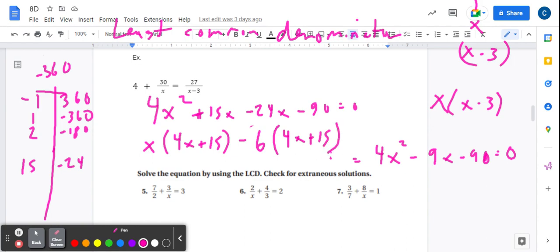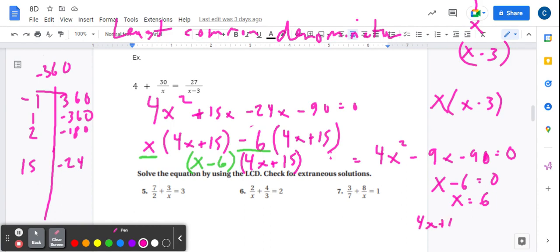So our final answer, if you remember from our factoring days, we have x minus 6 as one thing, and then we multiply it by 4x plus 15. So our two possible answers: x minus 6 equal to 0, which is x equals 6, and if 4x plus 15 equals 0, that would make x equal to negative 15 over 4.